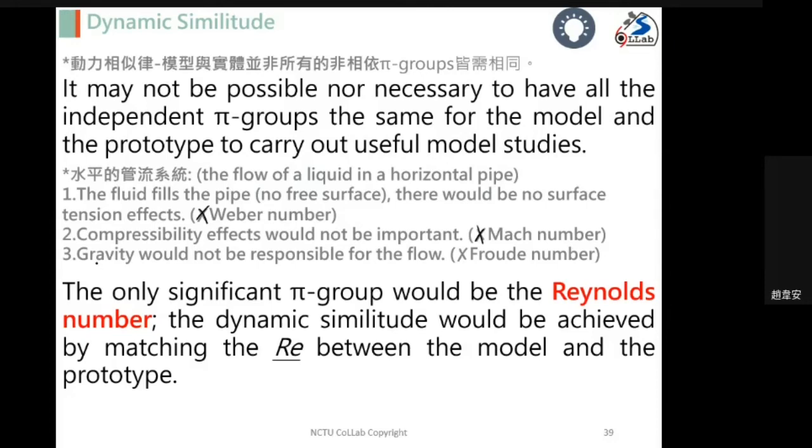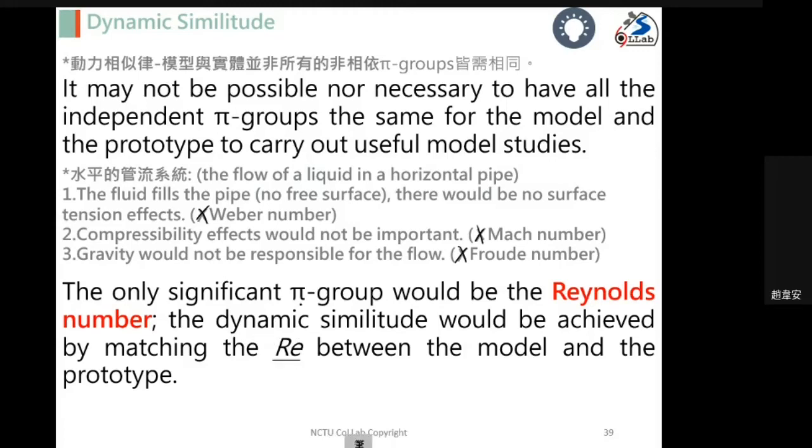And this is a horizontal pipe, so gravity will not be responsible for the flow. So we don't need to consider the Froude numbers. So the only significant pi group would be the Reynolds number for the horizontal piping system, and the dynamic similitude would be achieved by matching the Reynolds numbers between the model and the prototype.